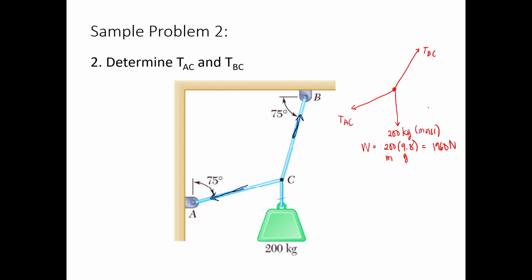So again, if you don't want to create the force triangle, since you may get confused, you can use the summation of forces x equals 0, and then summation of forces y equals 0 as well. So we're going to create an imaginary x and y axis here.